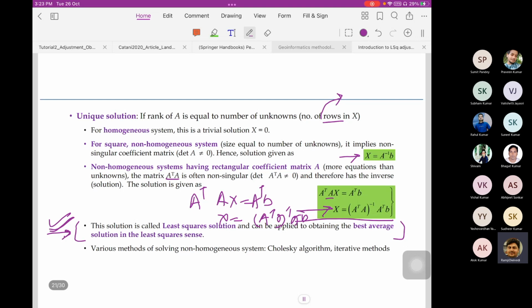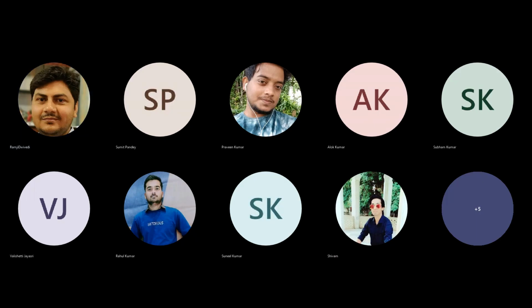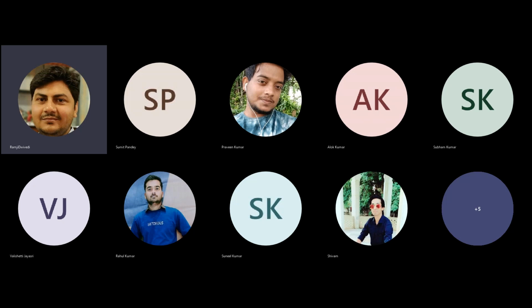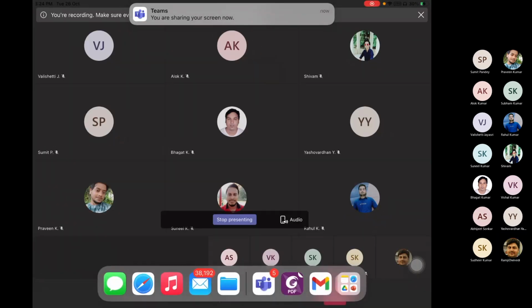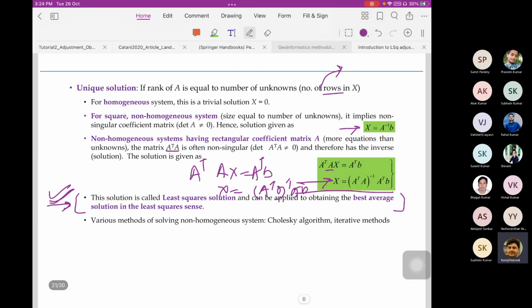I gave you one question in the last class, that please let me know how to derive that least square solution, in the sense of how to derive it, whether the sigma vi square is the one which we are talking about.